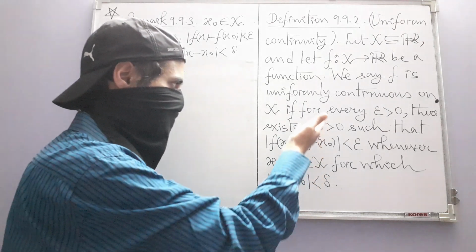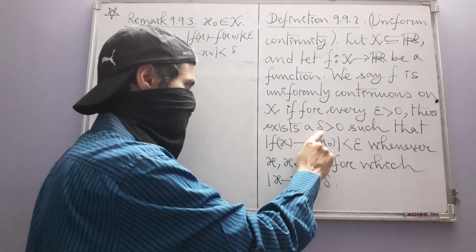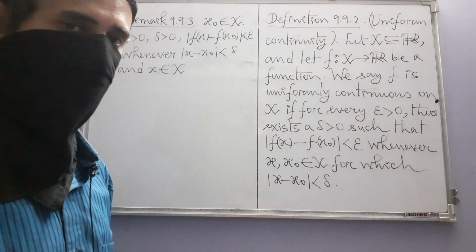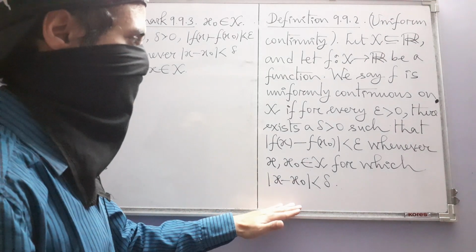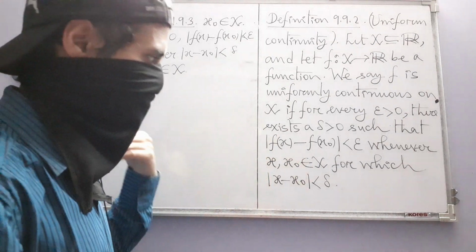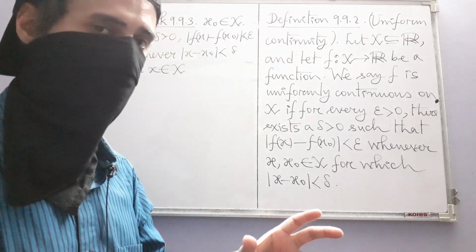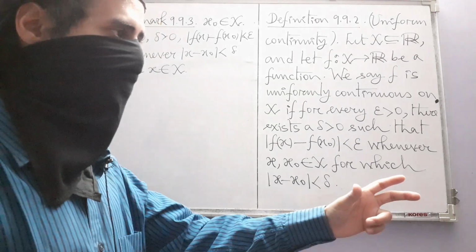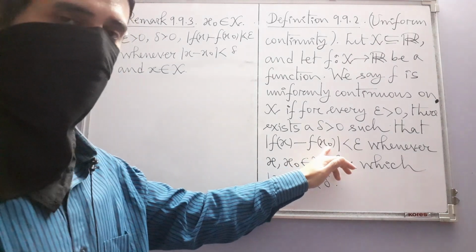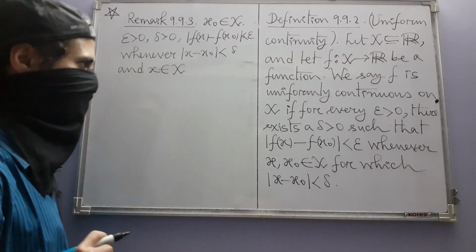In continuity, delta depends on the choice of x naught as well as epsilon, whereas in uniform continuity, delta depends only on epsilon, and that same delta works for every x naught. The island of stability retains its size, does not matter where it is. Where it is, of course, is decided by x naught. So that is the remark.